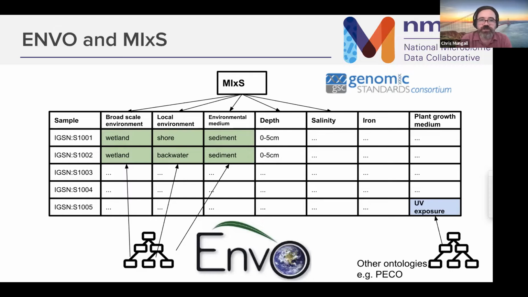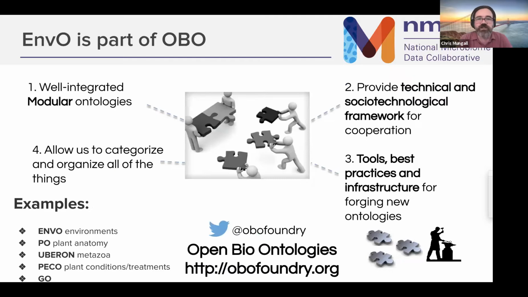So these ontologies all work in concert, and in fact, many of them are part of an initiative called OBO, the Open Biological and Biomedical Ontologies Foundry, which aims to provide a set of well-integrated modular ontologies, plus the framework for being able to link all of these ontologies together to annotate your data, whether it's genomic data, whether it's microbiome sample data, and so on.